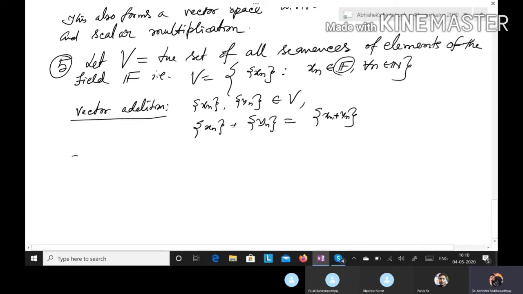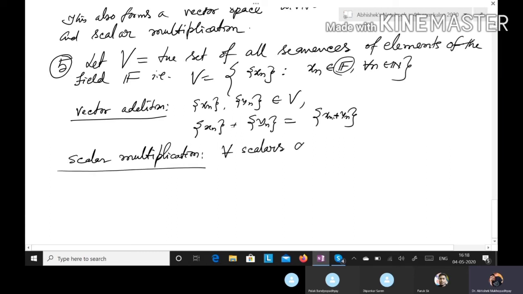And for scalar multiplication, for all scalars alpha belongs to F, alpha times (xn) equals the sequence (alpha xn).